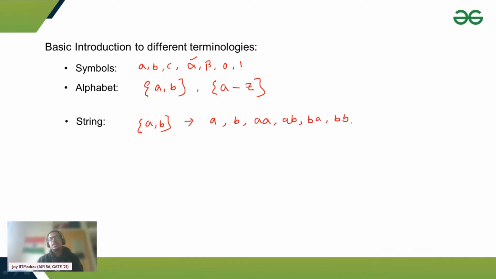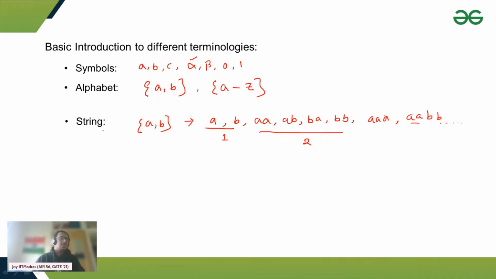These are the strings that are possible. These are length 1 strings, these are length 2 strings. Then we can come up with length 3 strings, then maybe length 4 strings, anything.